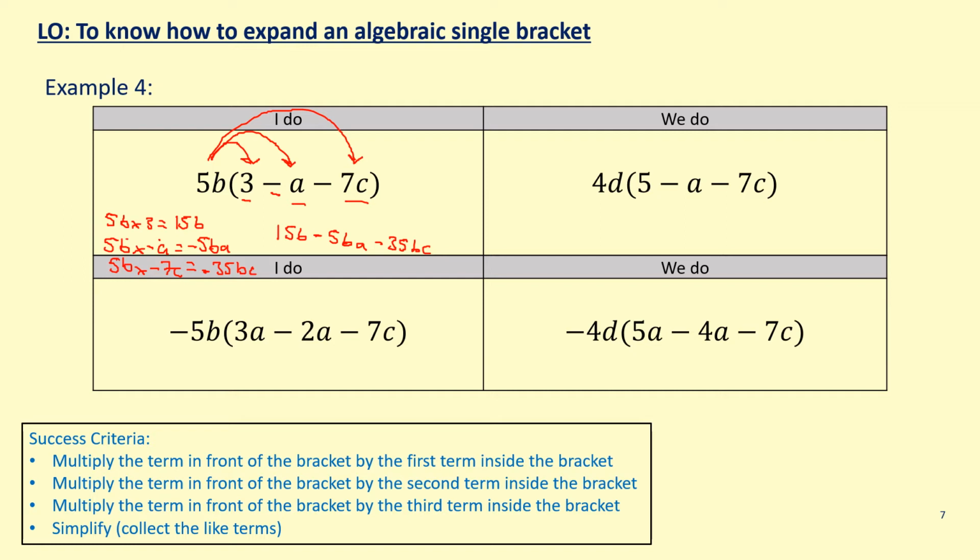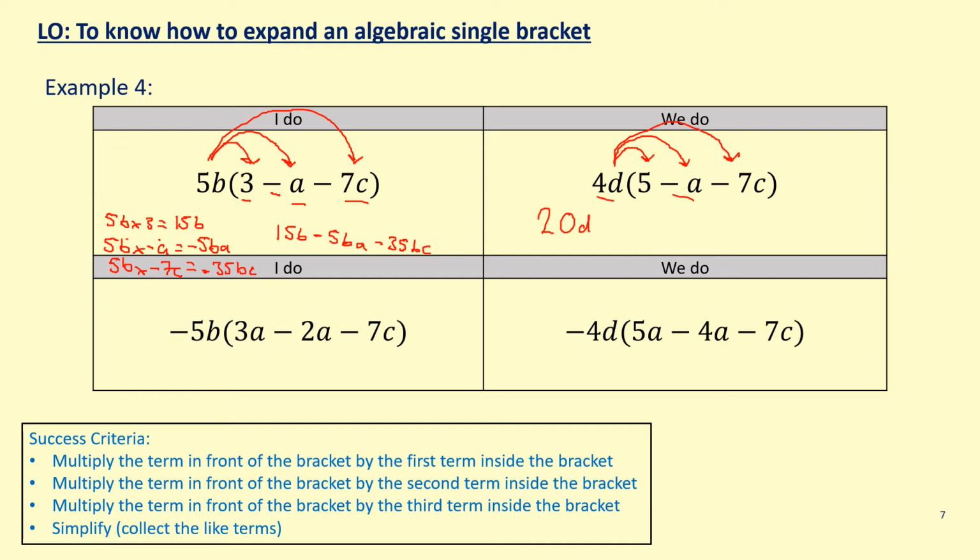So to work out the answer for the first we do, we had to multiply 4d by 5, 4d by a, and then 4d by minus 7c. So 4d times 5 is 20d. 4d times minus a.